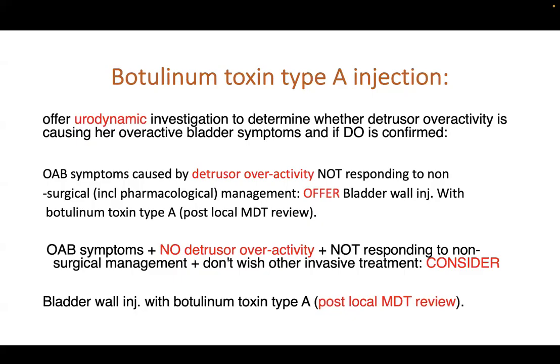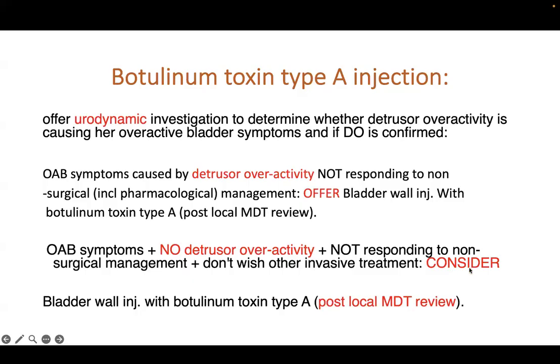So, what do the NICE guidelines say? If OAB symptoms caused by DO are not responding to non-surgical or pharmacological management, offer botulinum toxin A after local MDT review. But if the patient has OAB symptoms but no detrusor overactivity, not responding to non-surgical management, in that case we can consider botulinum toxin.